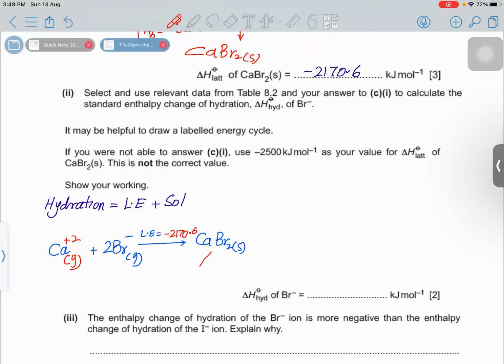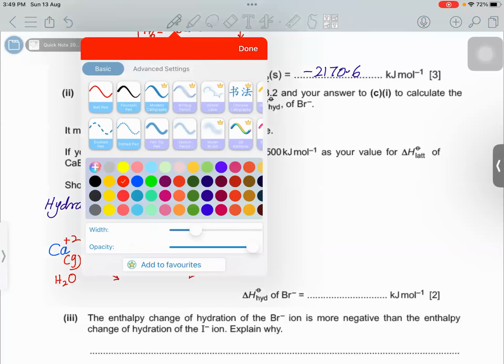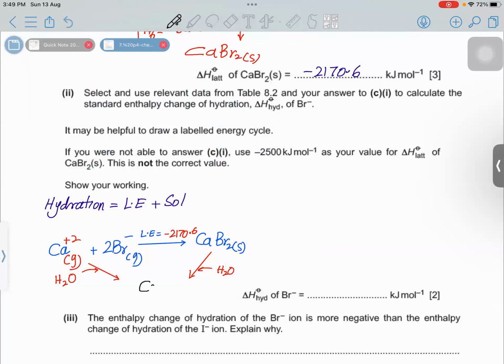Now water is added to it. This gives calcium plus 2 aqueous. Aqueous ions are formed. This is called enthalpy of solution, from solid to solution.